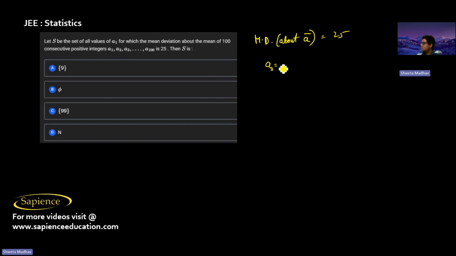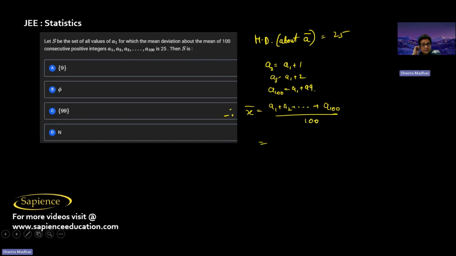That means A2 is A1 plus 1, A3 is A1 plus 2, so A100 will be A1 plus 99. Therefore, their mean value will be (A1 plus A2 plus ... plus A100) by 100. So A1 I have to add 100 times: 100 A1 plus 1 plus 2 plus up to 99, divided by 100.